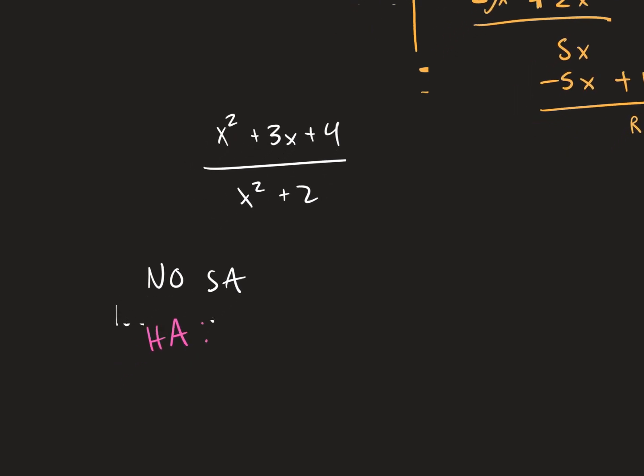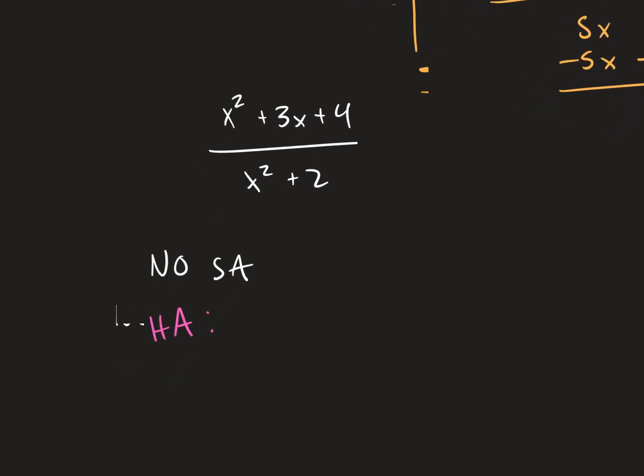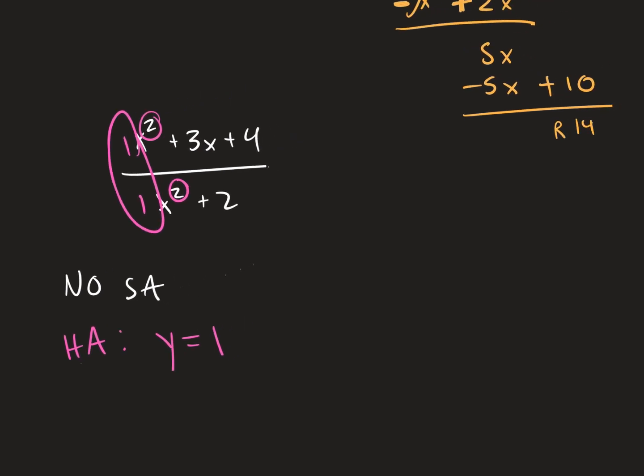So here, for our horizontal asymptote, guys, listen, our exponents are the same, so I look at the coefficient. So my coefficient would be 1 over 1, so my horizontal asymptote is y equals 1. So as a refresher, if they're the same, we look at the coefficients.